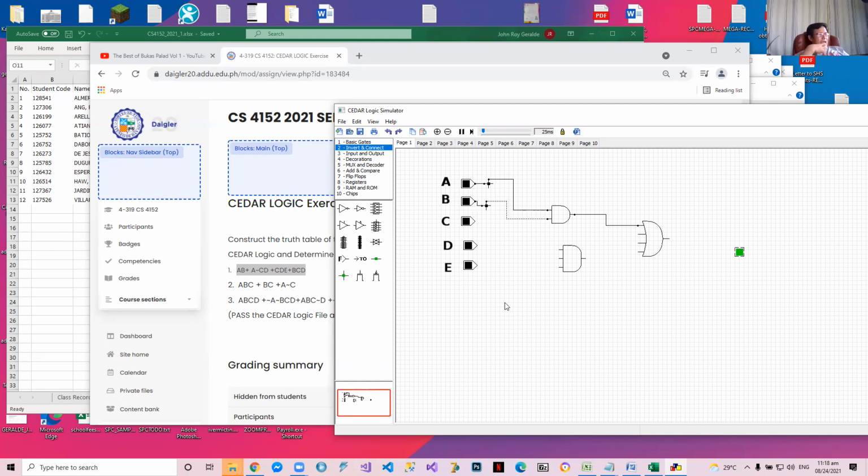And then we need A, not C and D. So we'll use another connector here for C. Here we connect the C. First, we are going to connect an A. So we need an A. Okay. And we need a NOT of C. So we need something like this. Let's just use the small inverter, to make it smaller.